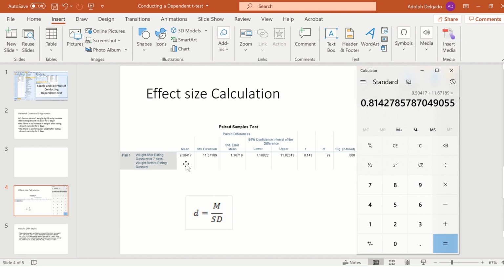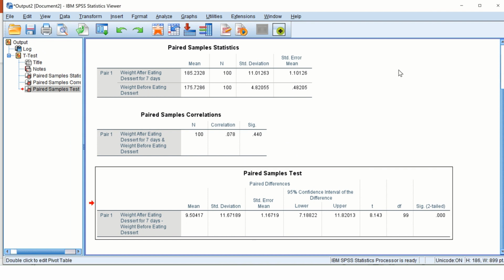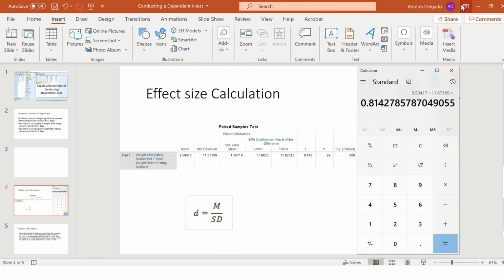All you have to do is go to the mean from the results, which I copied from here, and divide it by your standard deviation. As you can see, I used my calculator to calculate that, which was 9.